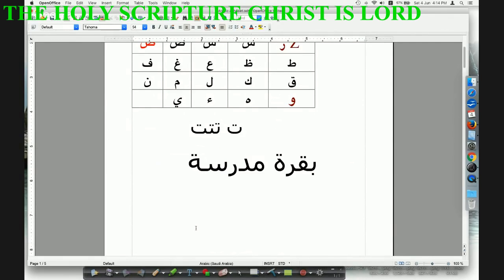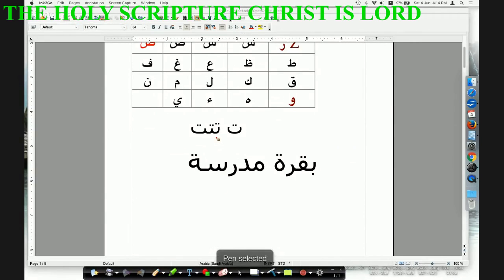We have ta which looks like this at the end, and we have ta which looks like that, and we have ta which looks like this. All of them are ta.